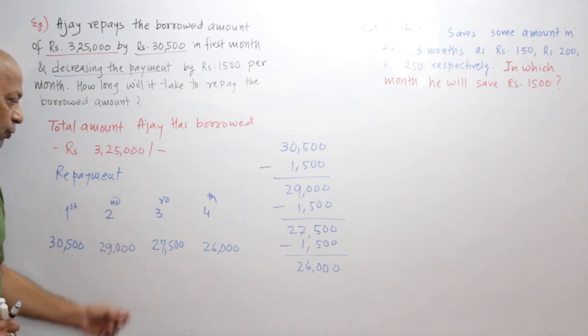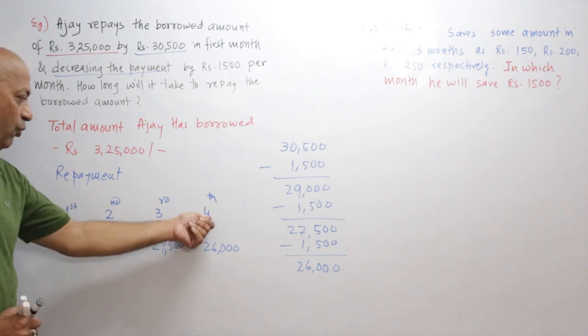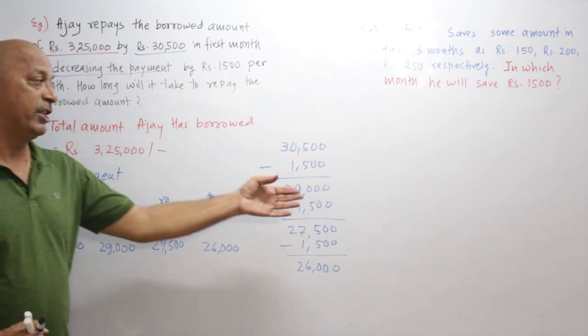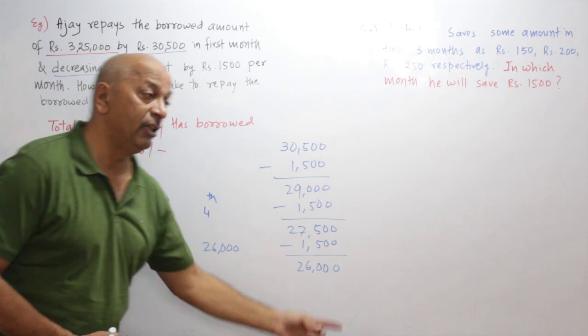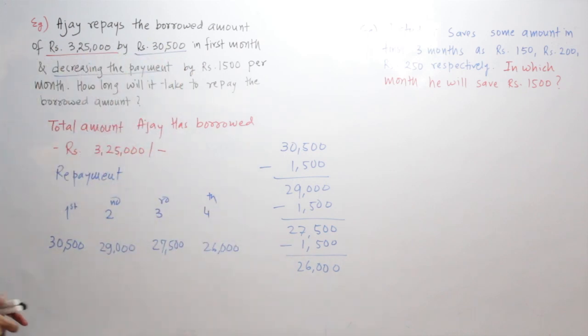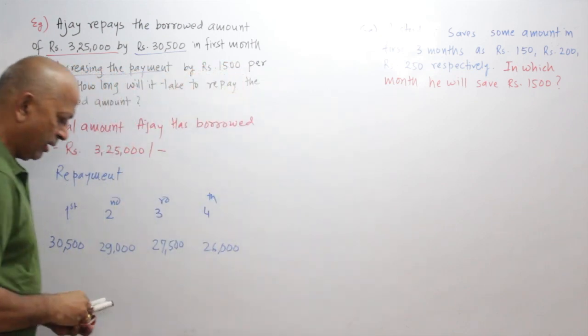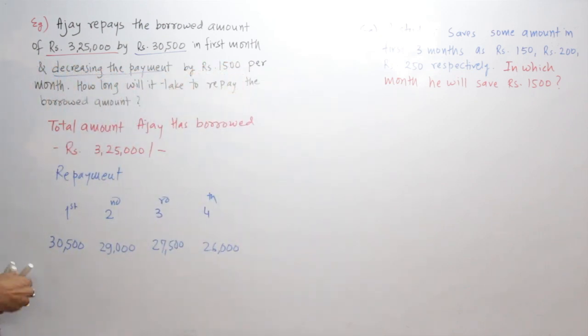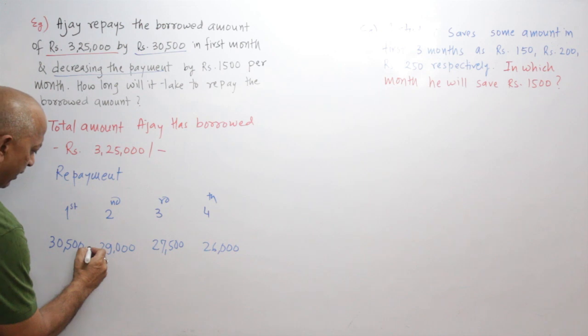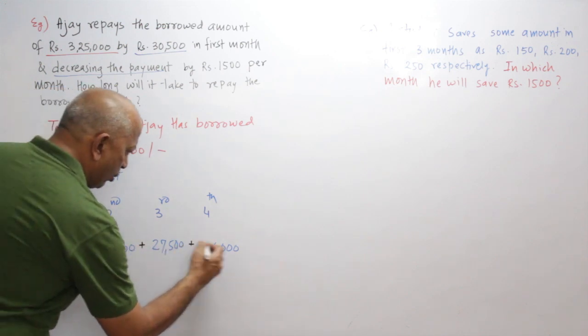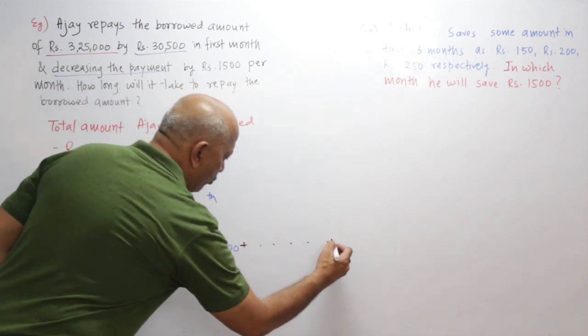So based on this one, we have to calculate how many months. This is 4 months. How long? 5th month, 7th month, 10 months, how many months will it take to repay this amount? So that is the question. The question is that he is paying this. So how long does he have to pay?